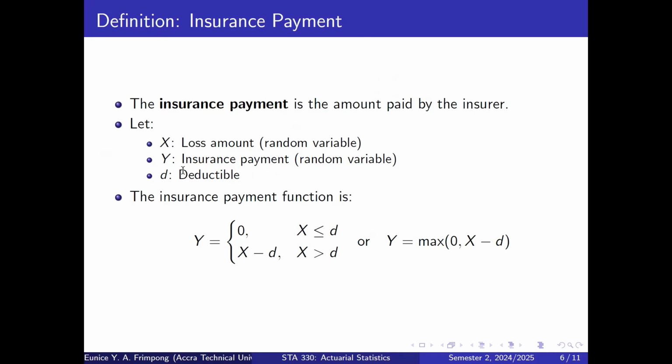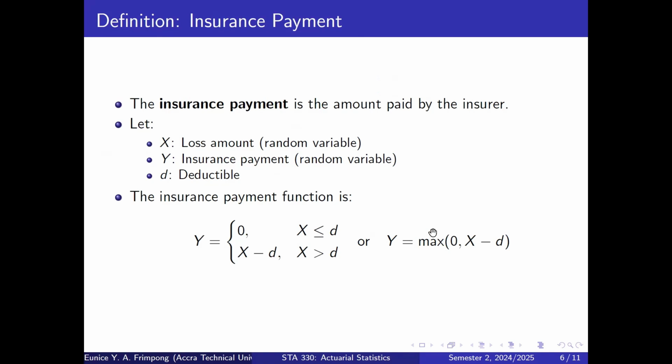Then the insurance payment can be expressed as Y equals 0 when X is less than or equal to D, and Y equals X minus D when X is greater than D, or more compactly, Y equals the maximum of 0 and X minus D. So this formula gives us a clear rule to compute what the insurer actually pays.